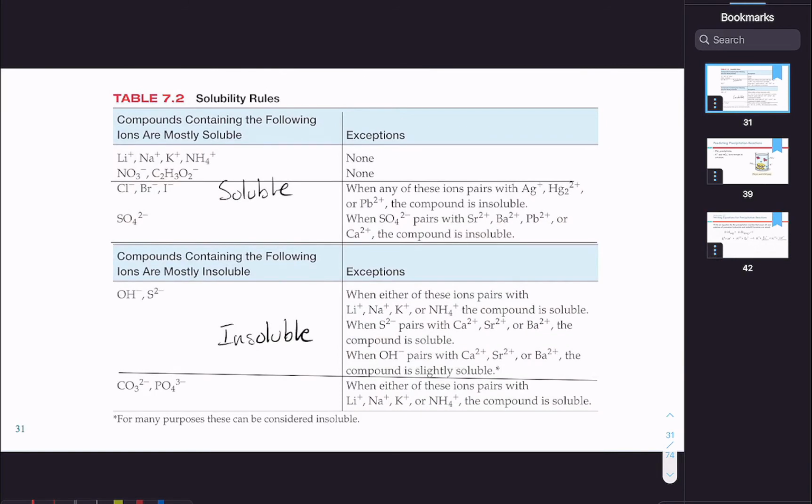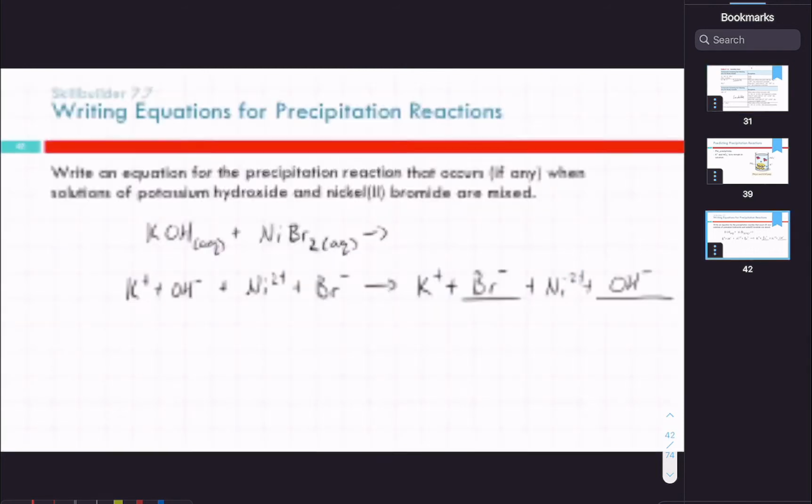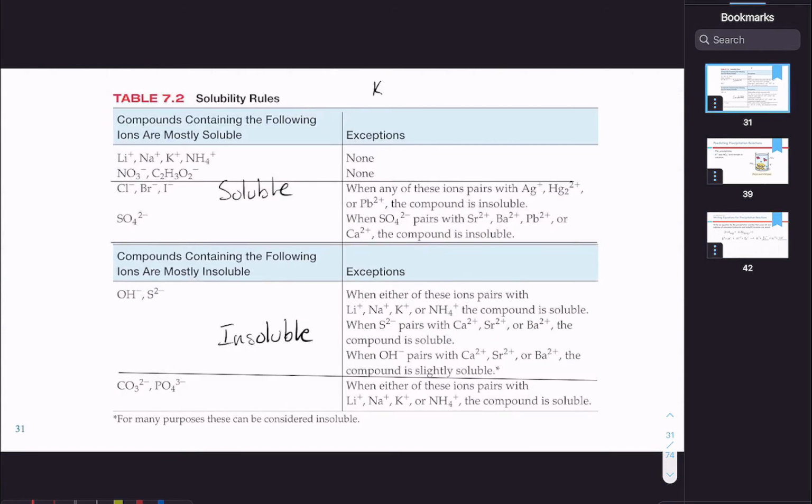So we had potassium bromide. Let me write this a little differently because we haven't balanced any of this. Potassium plus bromide and nickel plus hydroxide. So potassium is actually in this list with no exceptions. So compounds of potassium are always soluble.